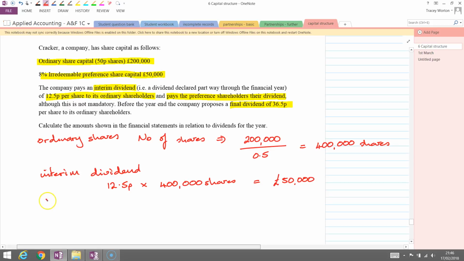In terms of the final dividend, this doesn't actually get recorded through the financial statements because it's still proposed. Remember from earlier, it has to be voted on at the annual general meeting, which will take place after the year end, and so at the year end there is no obligation to pay this dividend, there is no liability.